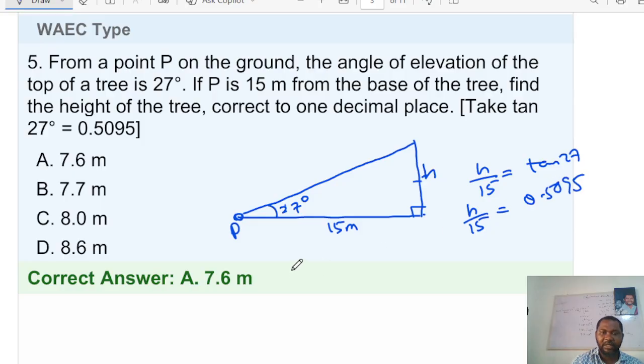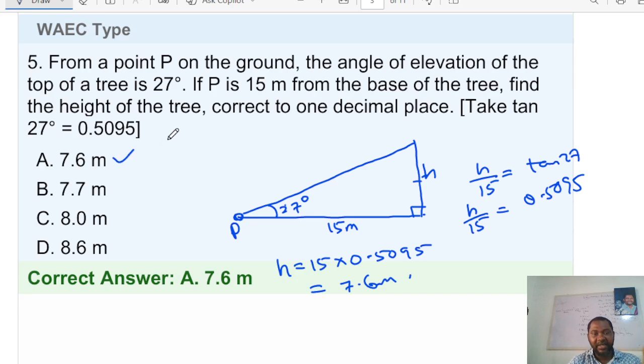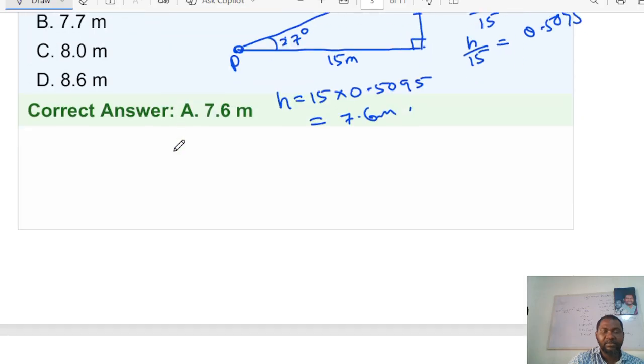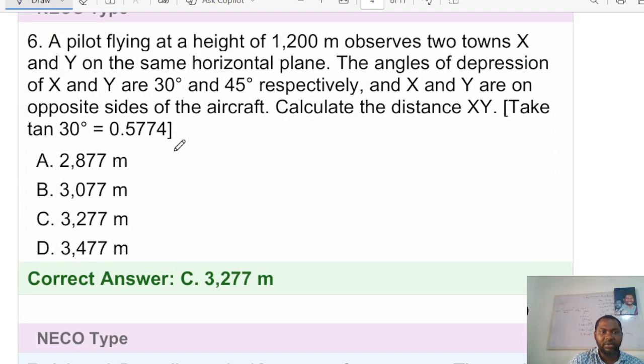So that means H is going to be equal to 15 times 0.5095, and here we are going to get 7.6 meters if you use your calculator. So the answer to this question is A. Very, very easy, right? Now that leads us to the next question.